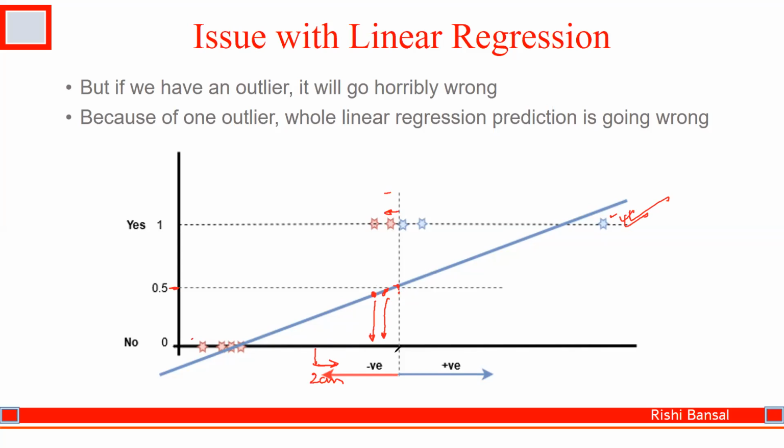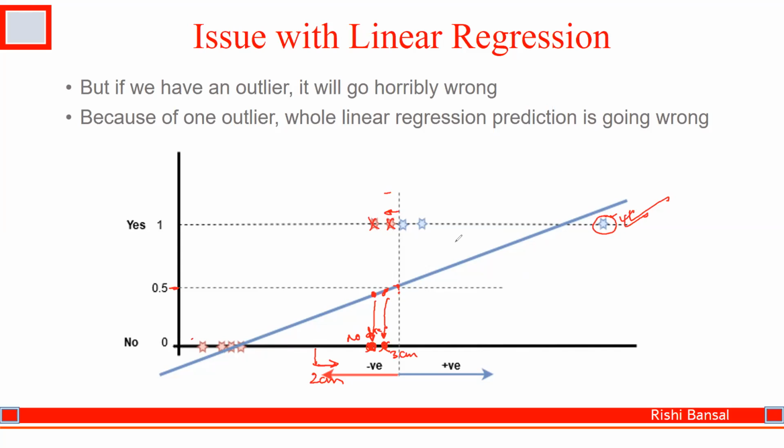And now even if this is, suppose, 3 centimeter, close to 3 centimeter, it is falling here. So these are wrongly categorized now as no disease. This is because of the outlier effect.